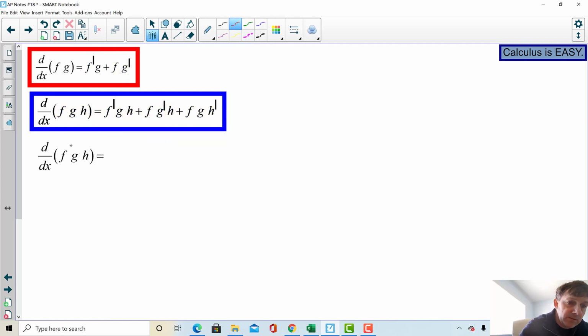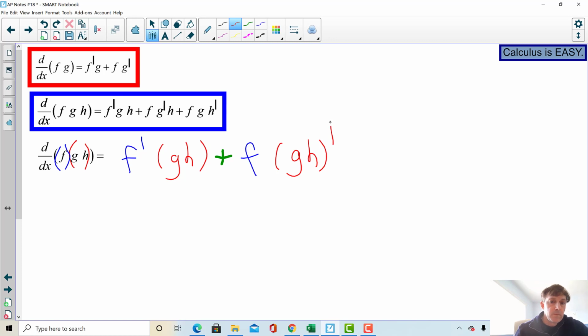Now we could show this by treating gh as one piece. So we're doing a product of two things. The derivative of, first one's f, and the second one is gh. If I was to do this, I would have this. Now I want you to notice that I did the derivative of f on this one, and I'm going to do the derivative of gh on this one.